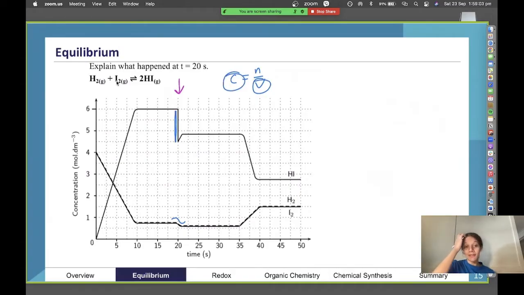But because we only have that sudden change in the HI, we have a decrease in concentration. So we've decreased the concentration of HI, and the H2 and the I2 are reacting accordingly by decreasing their concentration, because we're favoring the forward reaction at that point.